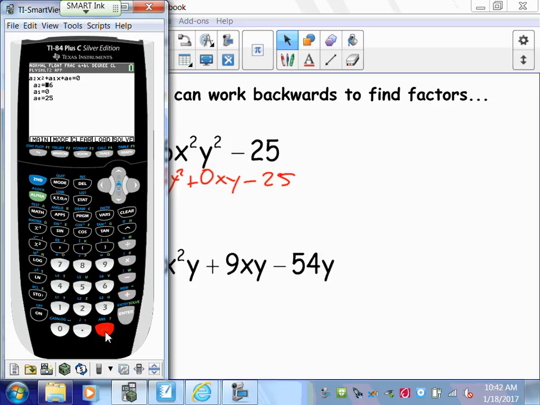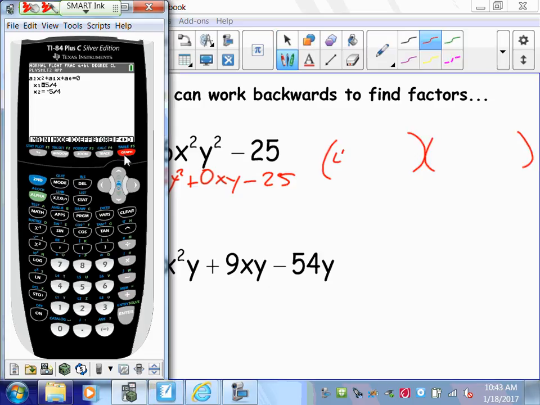Go back, coefficients. 16, 0, negative 25. Solves. So 4xy plus or minus 5 is the answer for this one. When you see negative 5 over 4, 5 over 4, you know that the first one has to be 4xy plus 5, then 4xy minus 5.